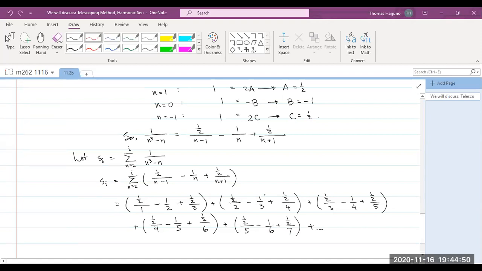The 1/3 here cancels this guy and that guy. The 1/4 cancels this guy and that guy. The 1/5 cancels this guy and this guy. Actually, the 1/2 also cancels at the beginning.